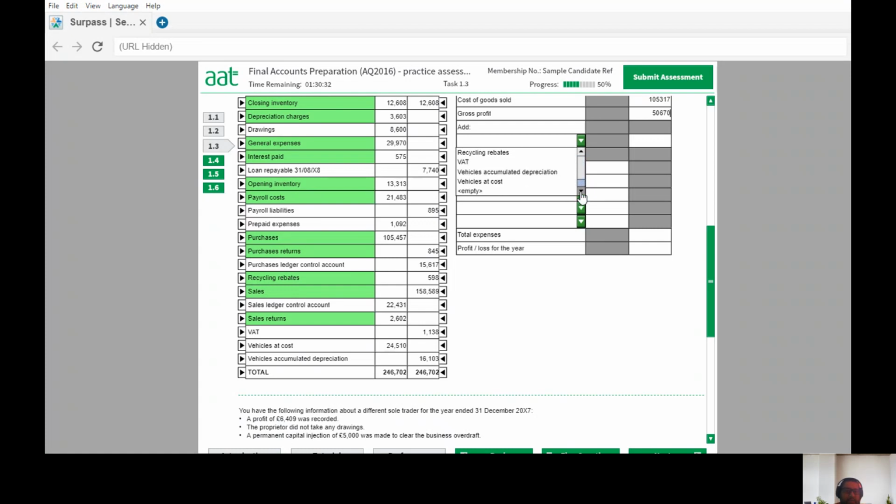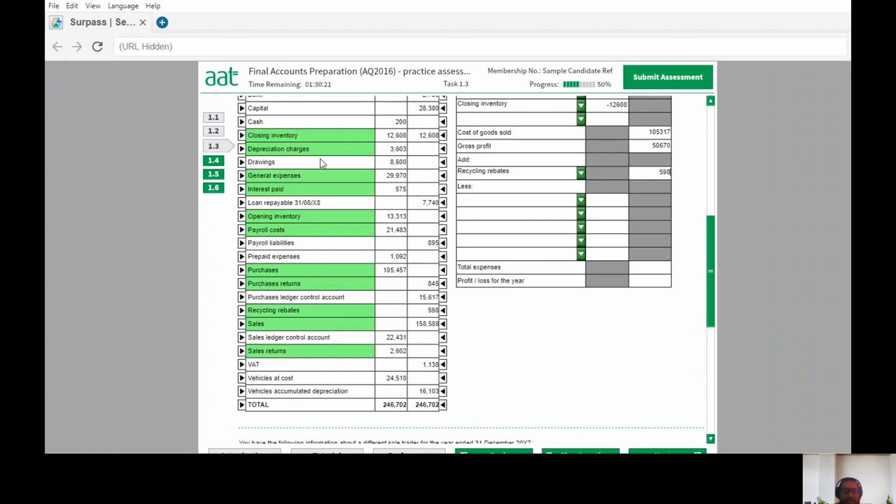So recycling rebates for the value of 598. We've done that now. And then the expense side of it, we have depreciation charges we already looked into. So here, depreciation charges for the value of 3,603 pounds. Let's tick it. We have done it. General expenses.